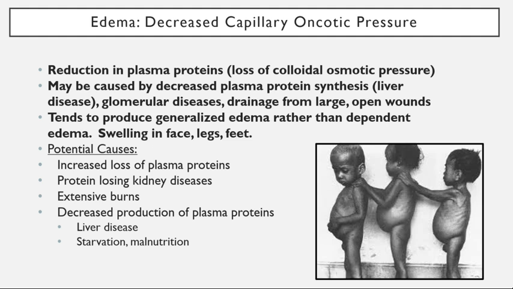So sad. You also get swelling in the face, legs, and feet as well. Yeah, so that one kind of sucks. So increased loss of plasma proteins, like in kidney diseases, means decreased capillary oncotic pressure, and a sign would be the pot-belly.